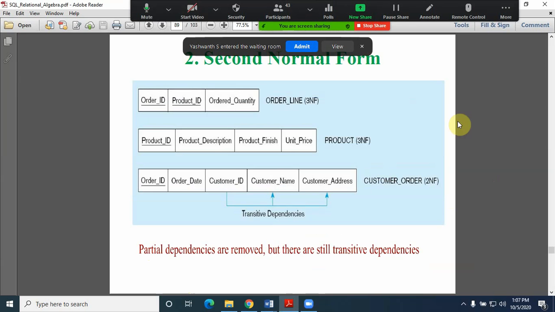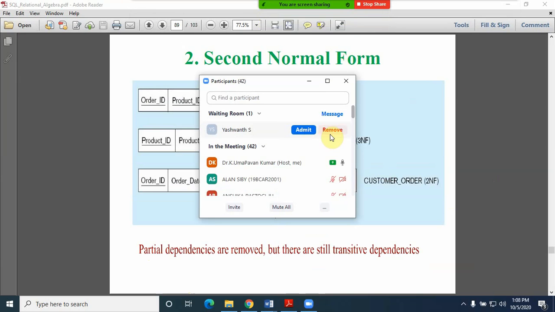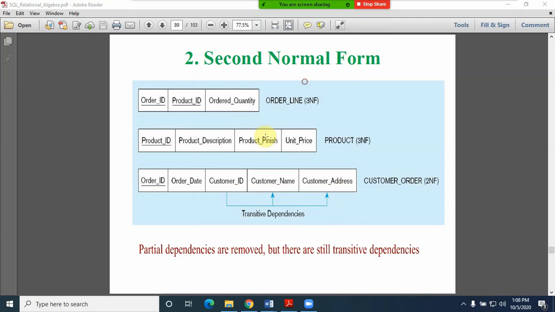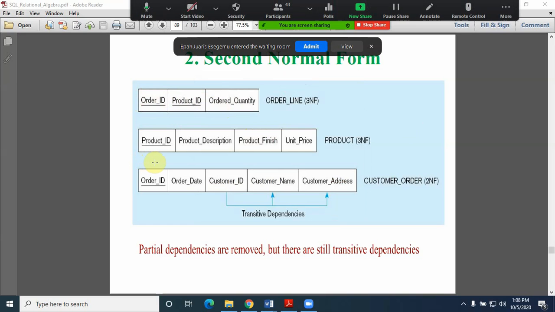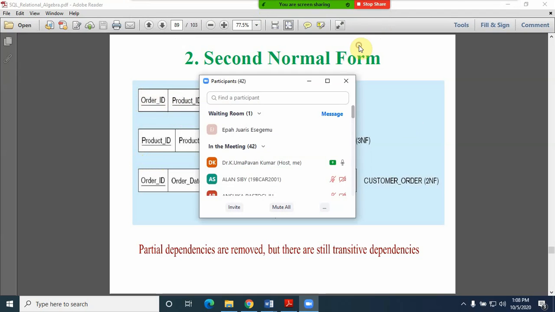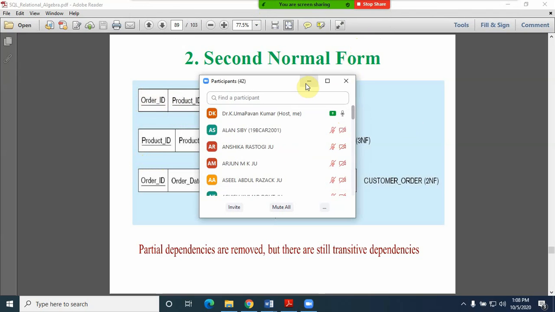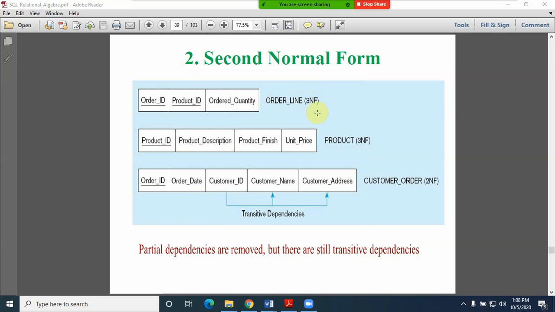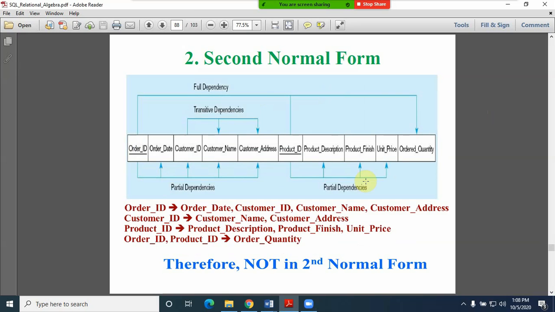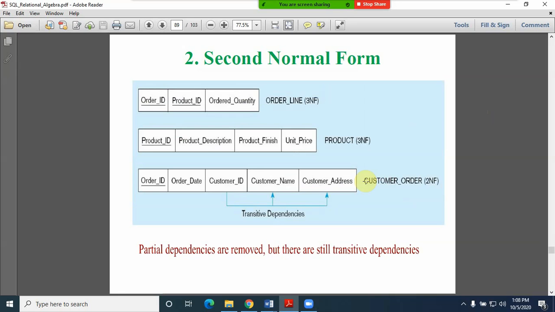When we talk about partial dependencies: for order ID, product ID, I have order quantity, which satisfies the complete representation of order ID, product ID and the order quantity. But the other attributes do not observe the corresponding dependencies on the full key. So rather than keeping one complete table, we split the tables.